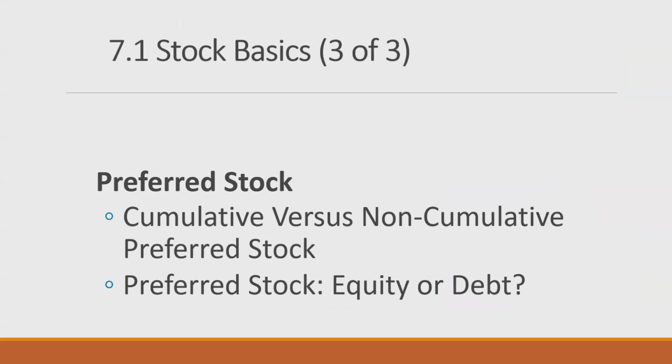Preferred stocks. What are preferred stocks? Well, preferred stocks are a class of ownership in a corporation that grants shareholders certain preferences over common stockholders. Unlike common shares, preferred stockholders typically have priority in receiving dividends and assets during liquidation.